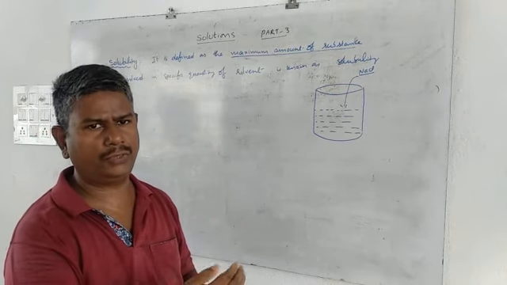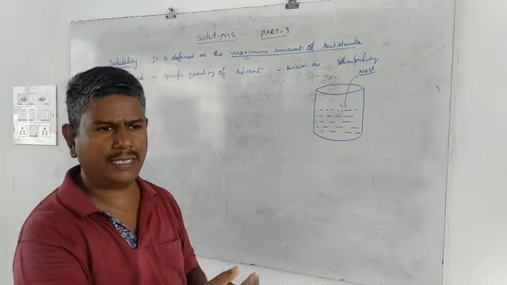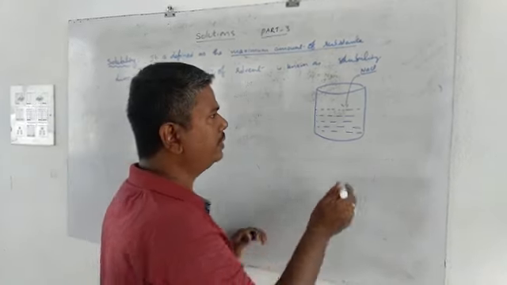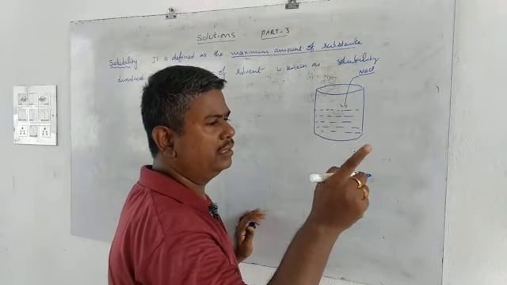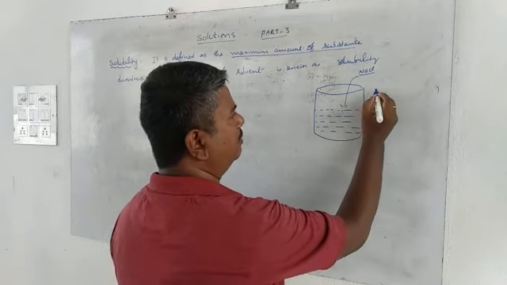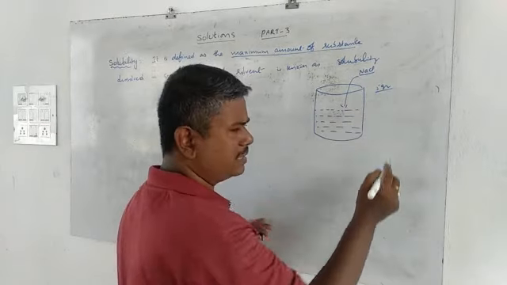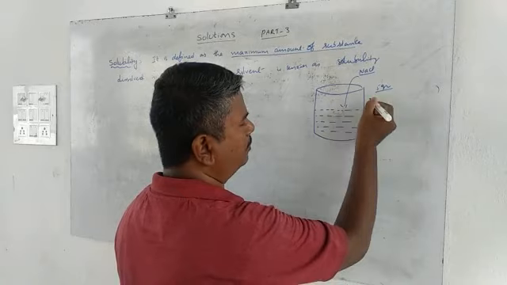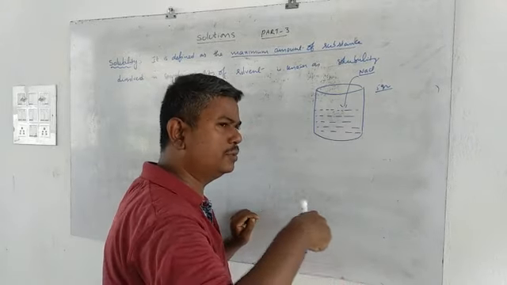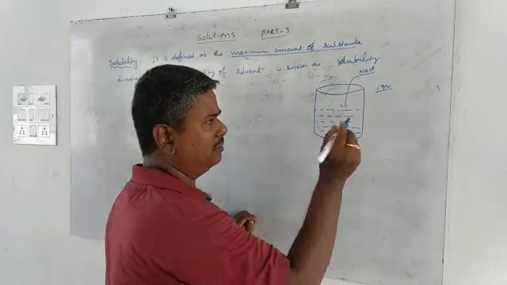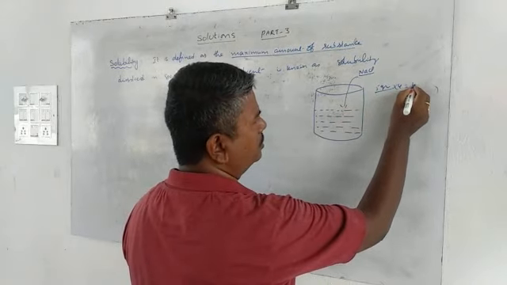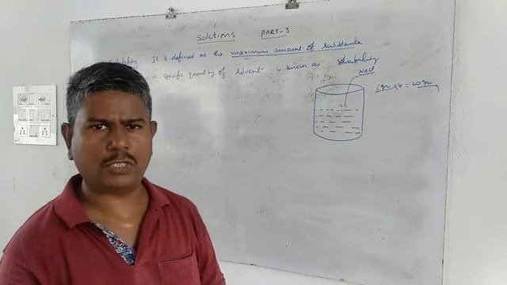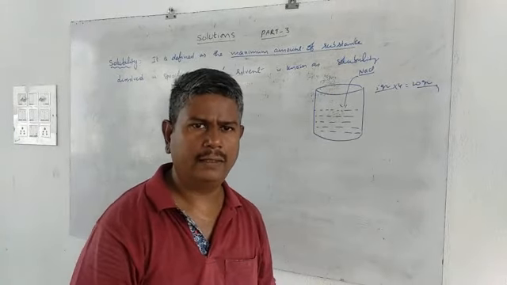So if we continuously add a certain quantity, for example, each tablespoon is 5 grams, let us assume. So for example, 4 tablespoons are added. That means 4 tablespoons of salt will be dissolved. So 4 into 5, how much? 20 grams. For the fifth spoon, if you add, then what happens?